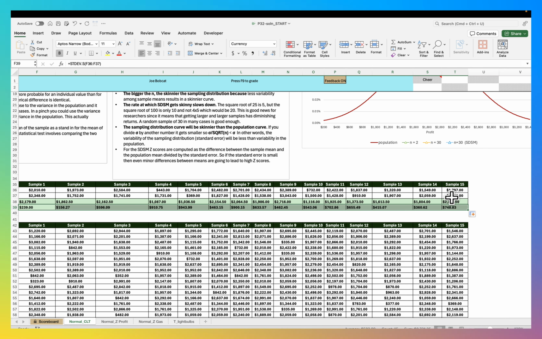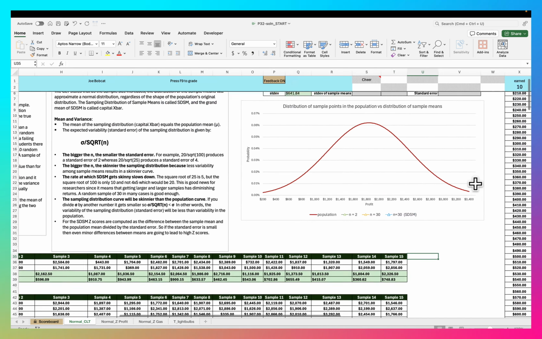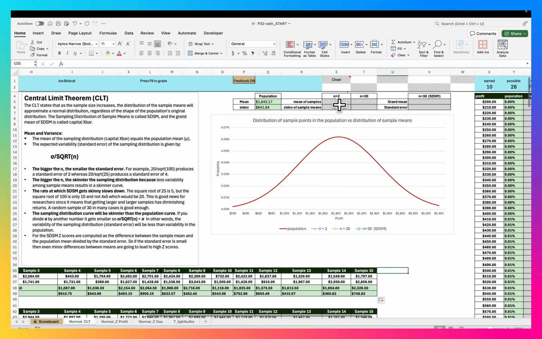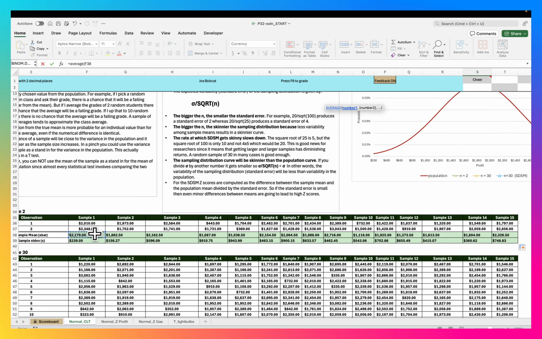Okay. Now, to plot this data, what we're going to do is calculate, this is where n equals 2, sample size equals 2. We're going to get the average of all those samples. So think about it, we're getting the average of the averages. So it's going to be the average of all these guys.